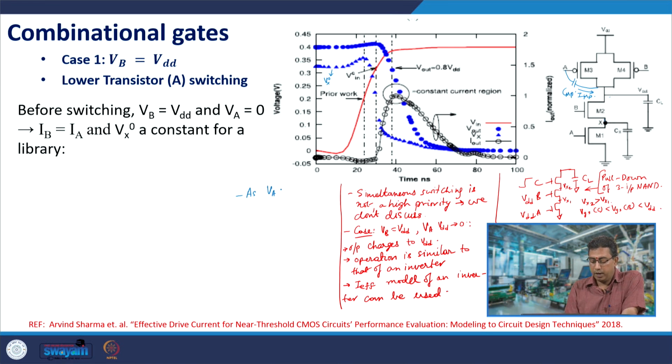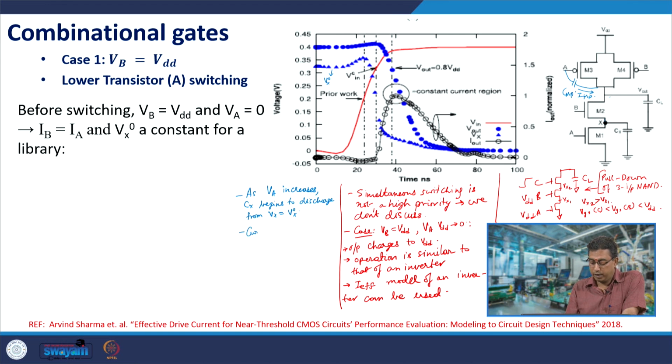As VA increases, Cx begins to discharge from Vx equal to Vx naught.